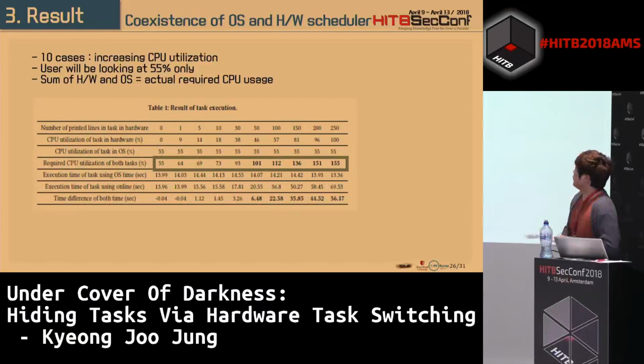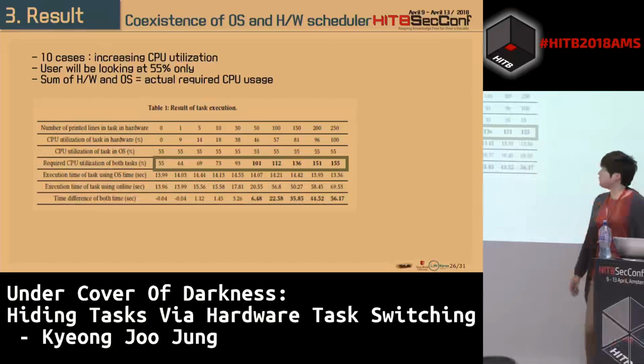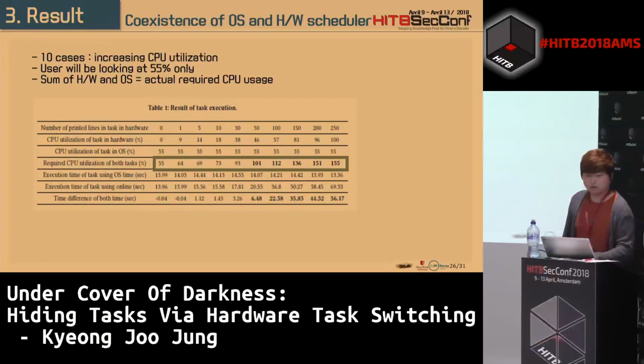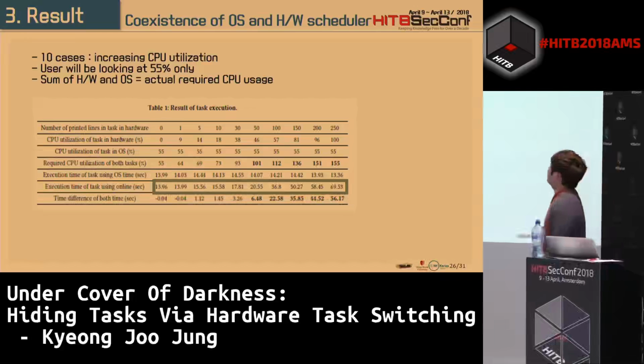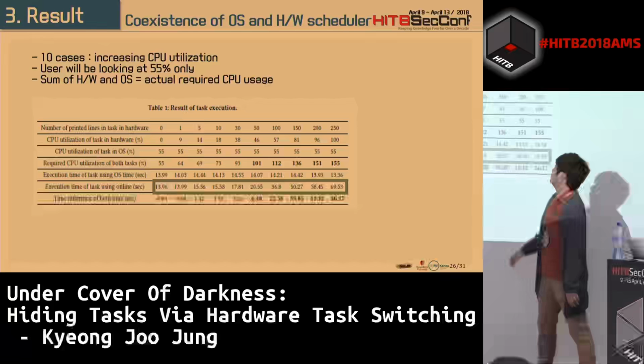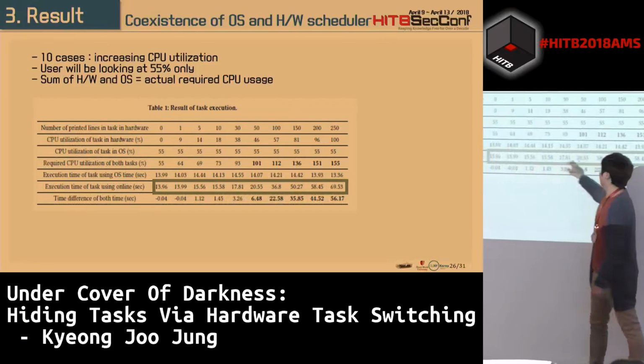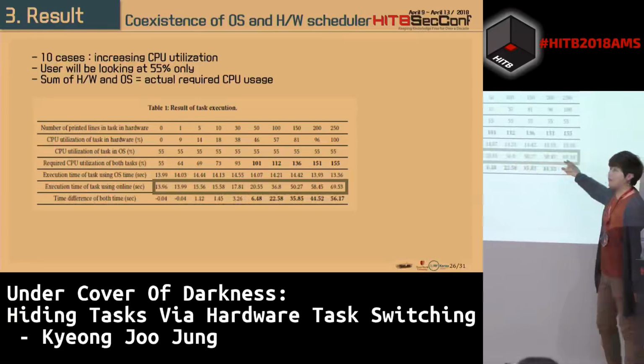So we tried to measure this using an online timer. You can see that if the sum of the CPU utilization goes above 100, previously it was almost similar, but now it goes higher and higher.